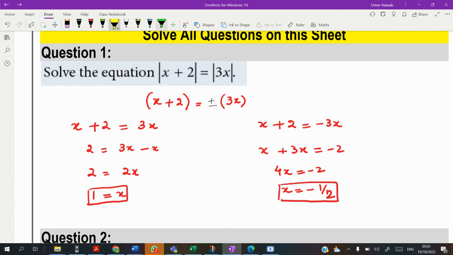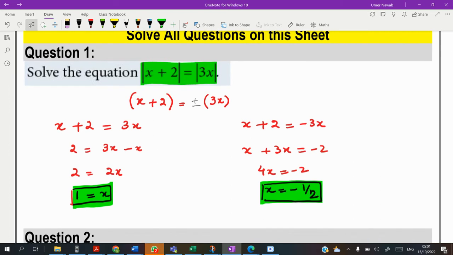These are the two critical values which satisfy this absolute equation. If you want to verify in the exam, you can do this verification. Substitute x is equal to 1 in the place of x.